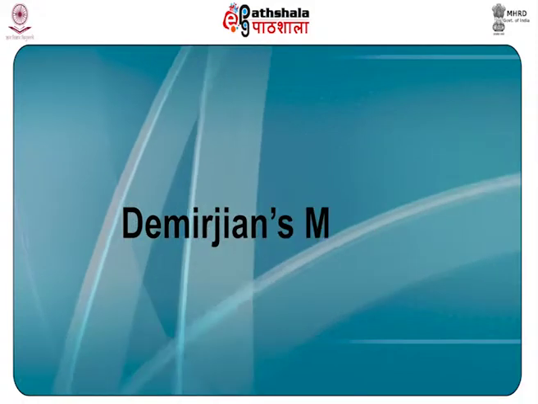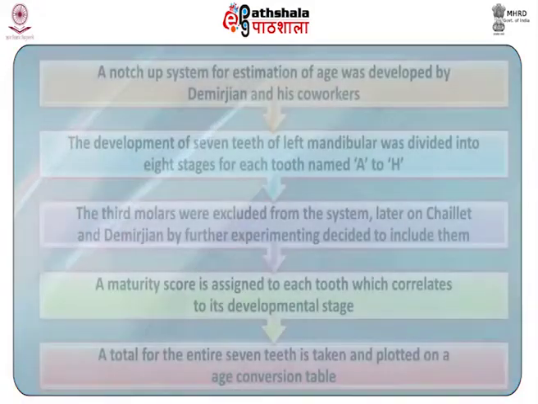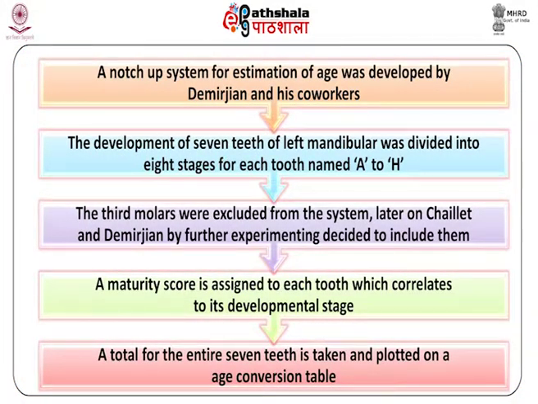Next is Demirjian's method. A point-score system for the estimation of age was developed by Demirjian and his co-workers. The development of 7 teeth of the left mandibular was divided into 8 stages for each tooth named A to H. Here the third molars were excluded from the system, and later on Chaillet and Demirjian, by further experimenting, decided to include them.